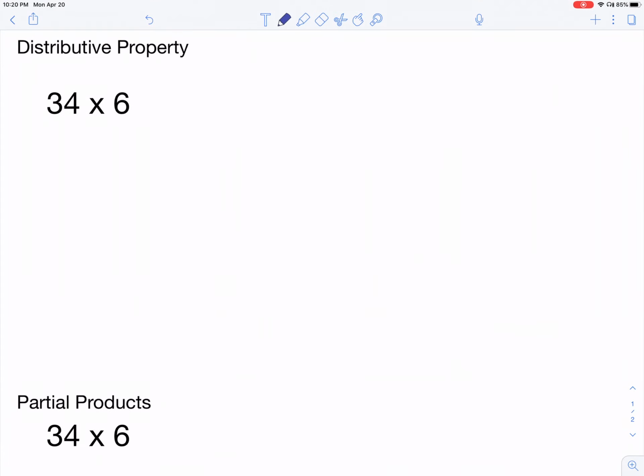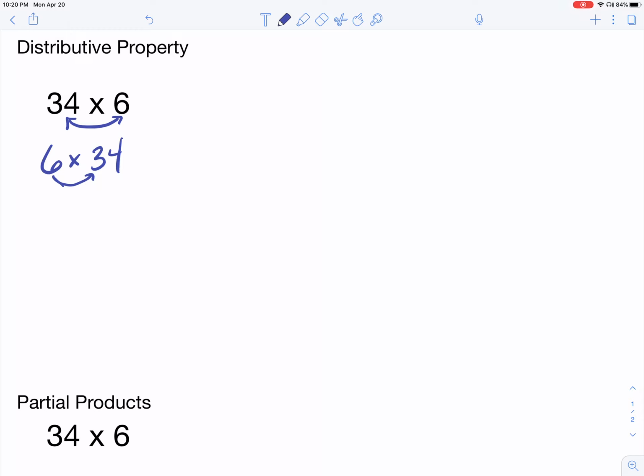So 34 times 6, this is how I think of it. I switch this around. When I'm doing this distributive property, I think of the one digit first, and then the two-digit number. And then I think of, well, this 6 is going to be distributed to the 3.